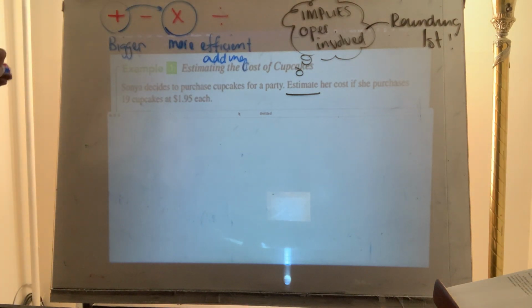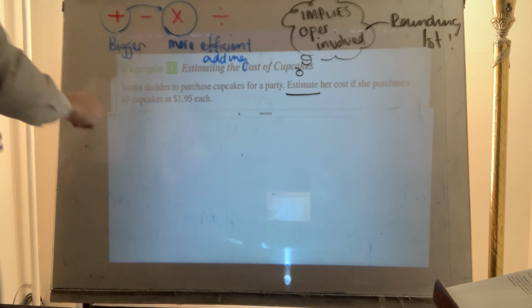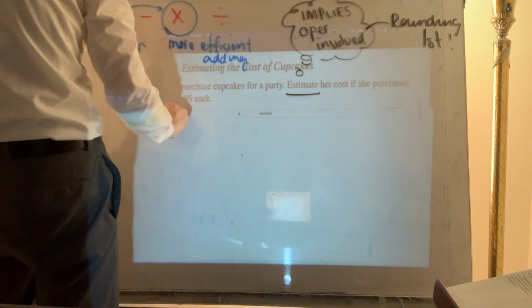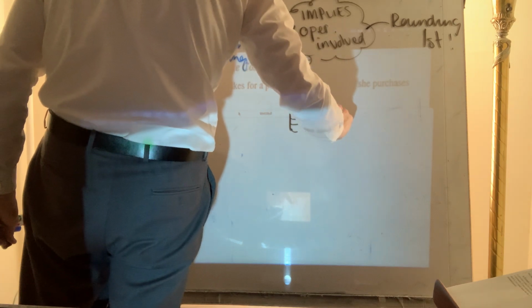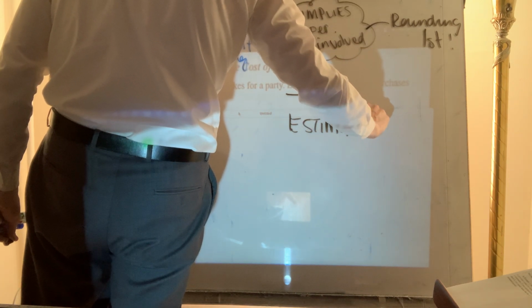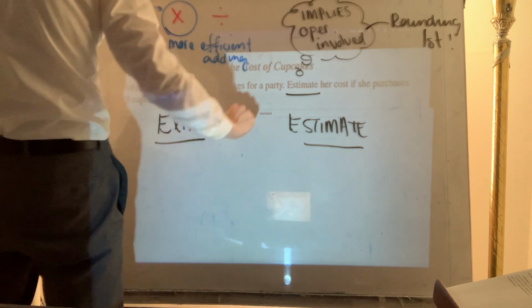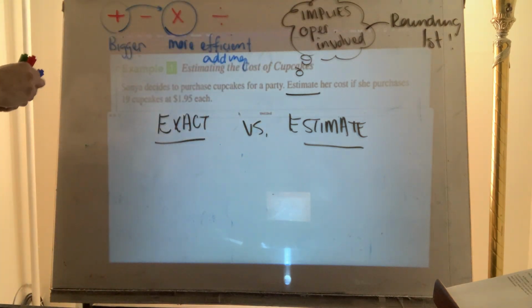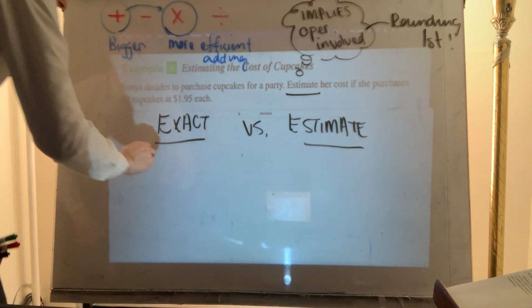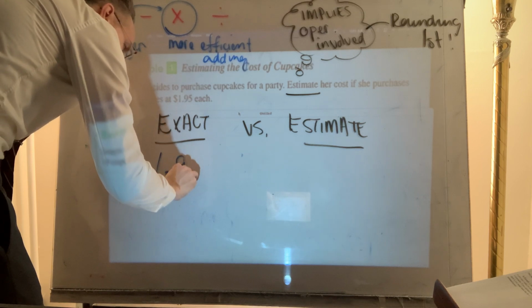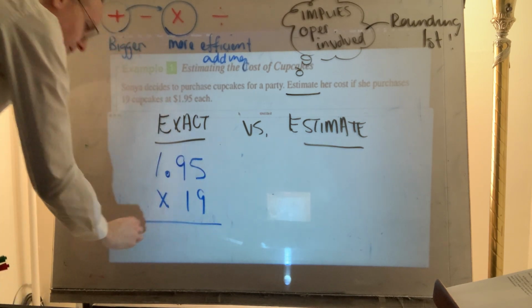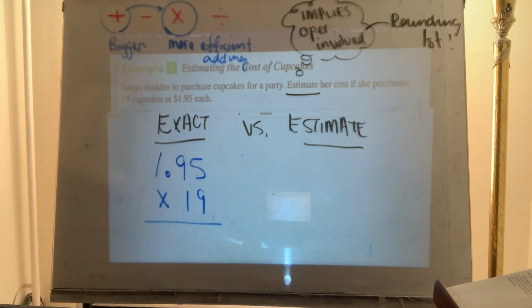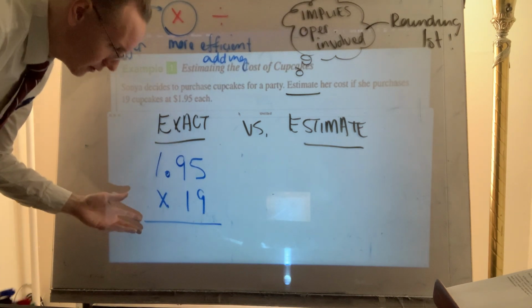All right. So, the exact answer, and then there's the estimate for the sake of comparison, would be that we would write $1.95 times 19. And we go through the process. Now, could you use your calculator at this point?